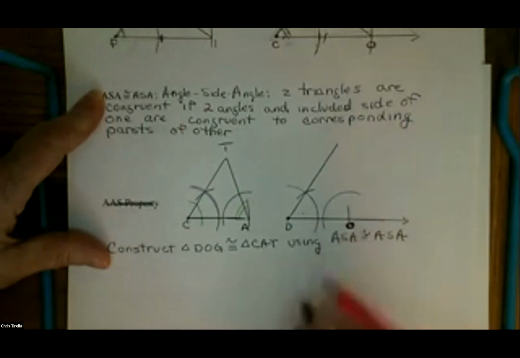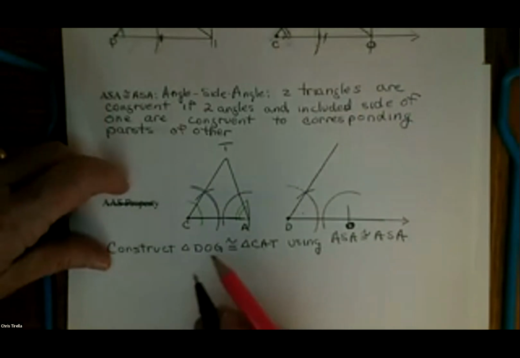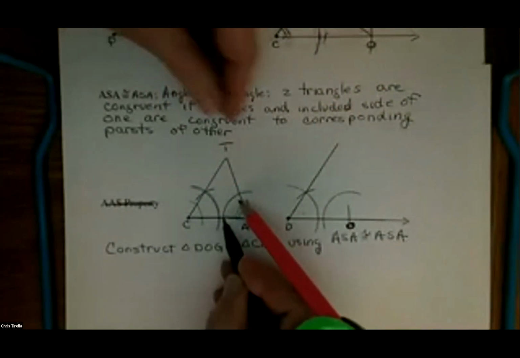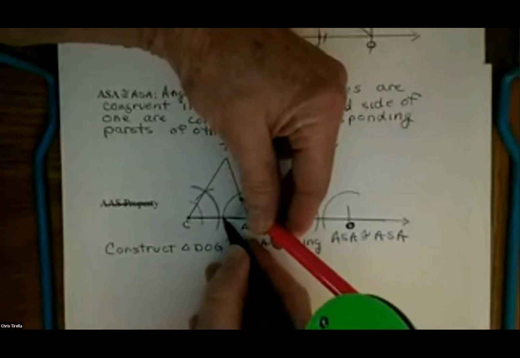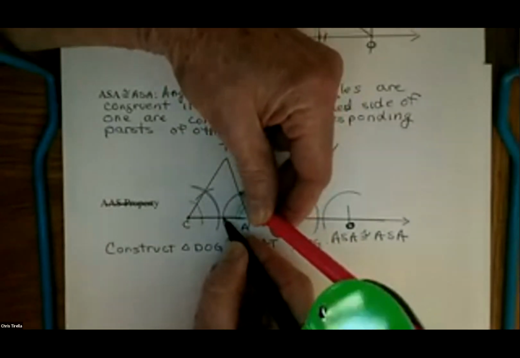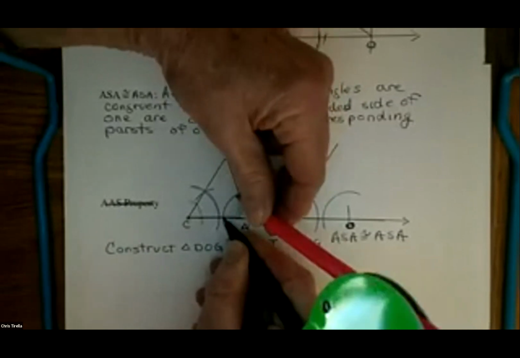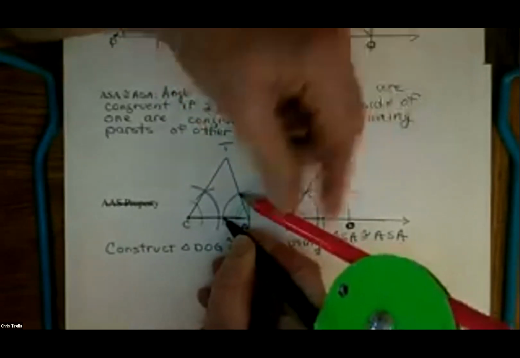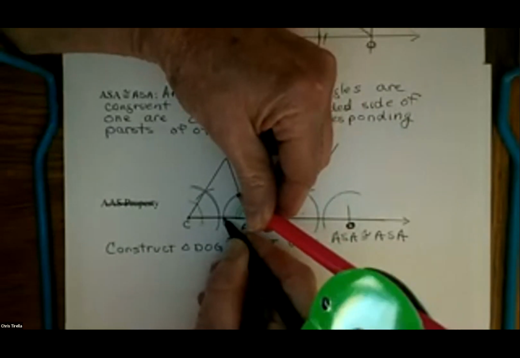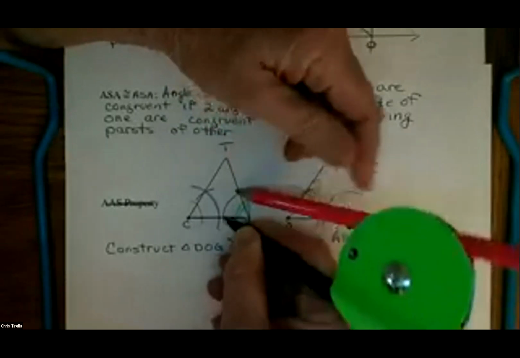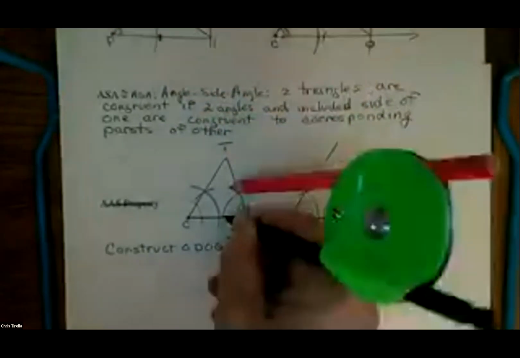Now, the only thing I have to measure how wide that angle is open is my compass. So I'll put 1 point where the arc intersects one side of the angle, and I'm going to move my pencil and try to get it exactly at that other point of intersection. And I'm going to swing an arc there.